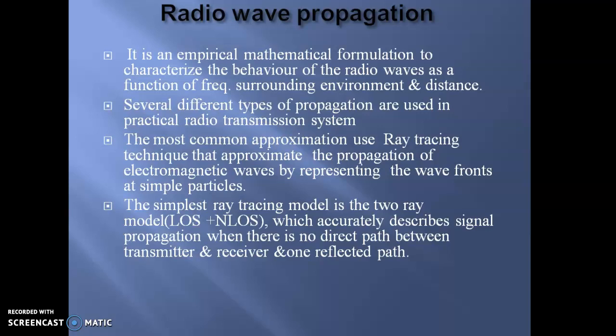The most common approximation uses the ray tracing technique, which approximates the propagation of electromagnetic waves by representing the wave fronts as simple particles. The simplest ray tracing model is the two-ray model, LOS plus NLOS, which accurately describes the signal propagation when there is no direct path between the transmitter and the receiver and one reflected path.